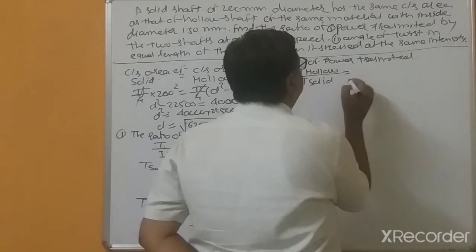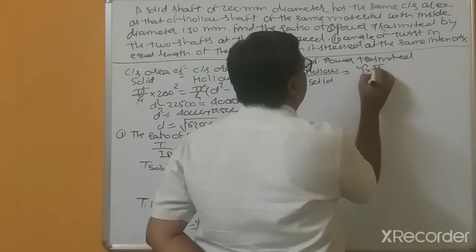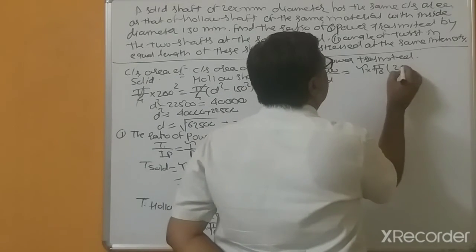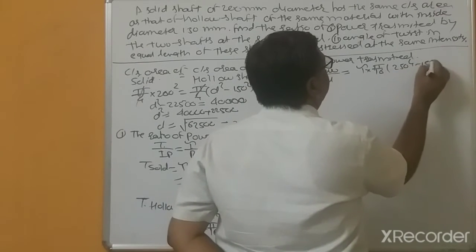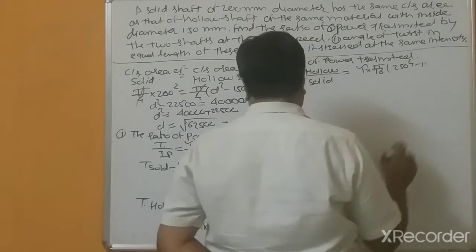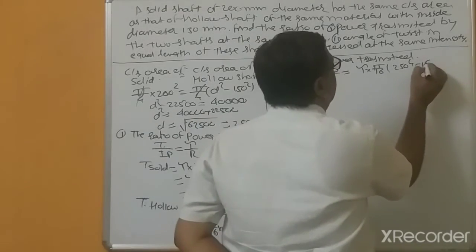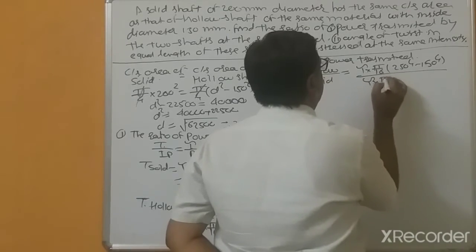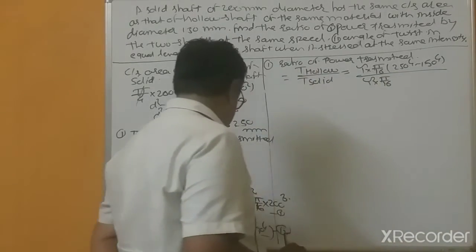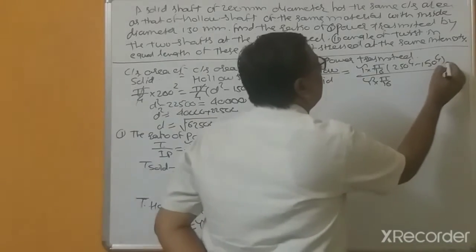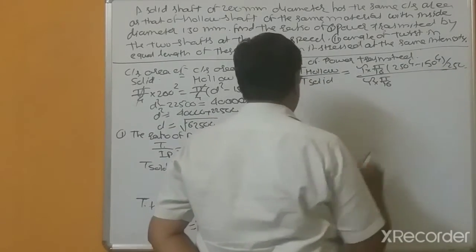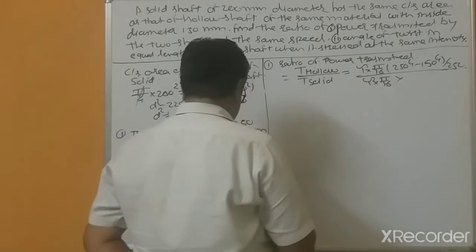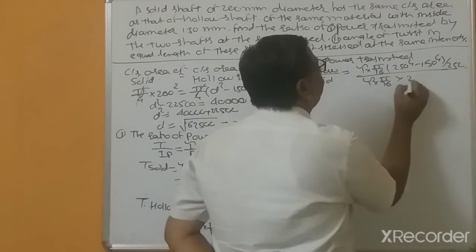For the hollow shaft, tau multiplied by pi by 16, 250 raised to 4 minus 150 raised to 4, divided by 250, and for the solid shaft, 200 cube.